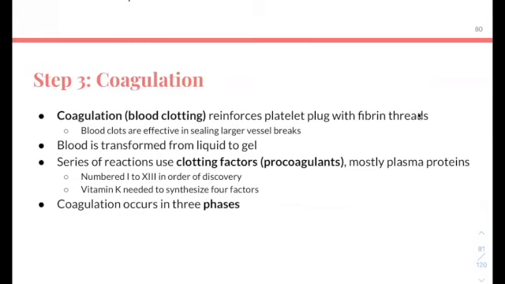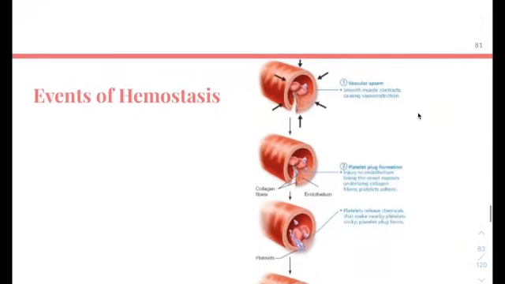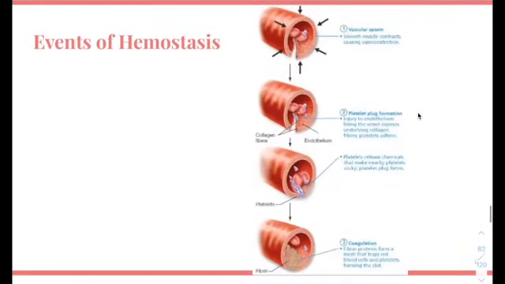Clotting factors are used, plasma proteins are used, all to create this platelet plug down here. And if it's right at the surface of the skin, that's where the scabs form. If it's not at the surface of the skin, you don't see this whole process happening in a blood vessel. You only would see it if it's more at the surface.